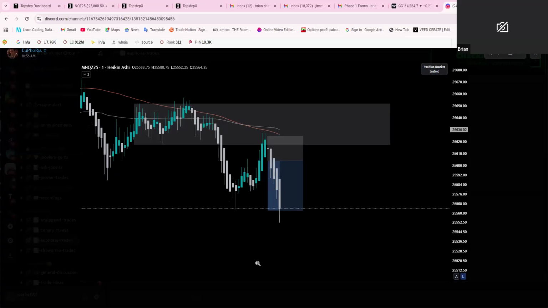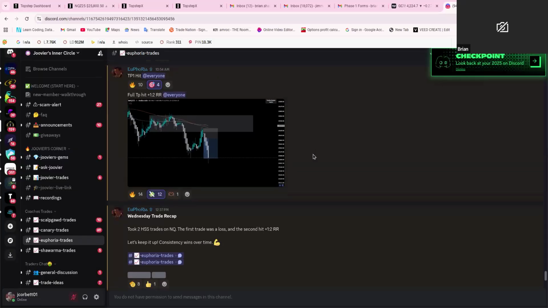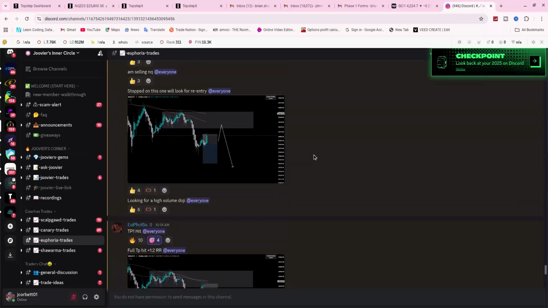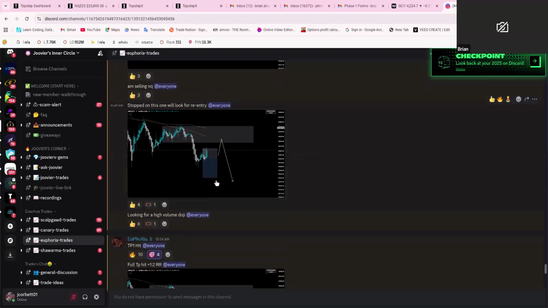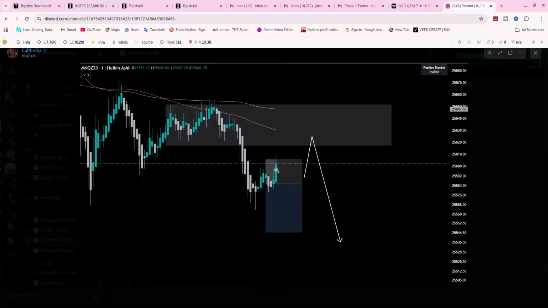Boom. That's awesome. And I like the fact that you all are doing it together, entering at the same time. This is the trade I lost today. I entered on this doji right here. Trade stopped me out.